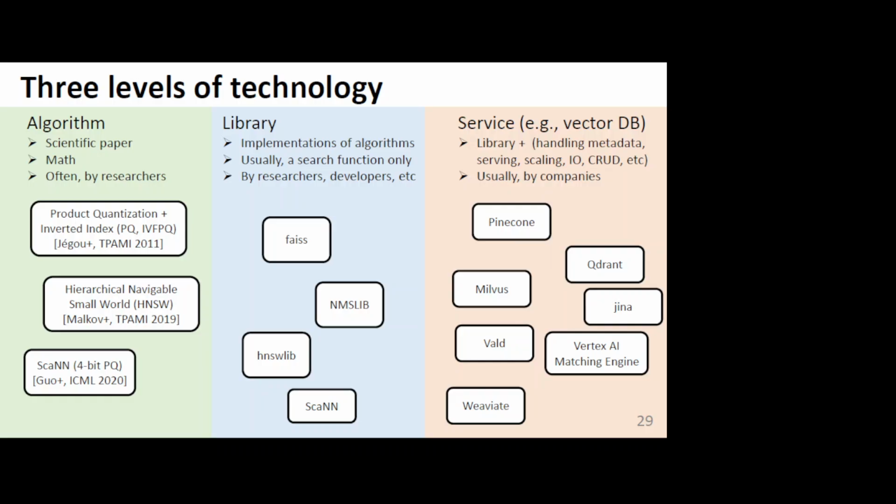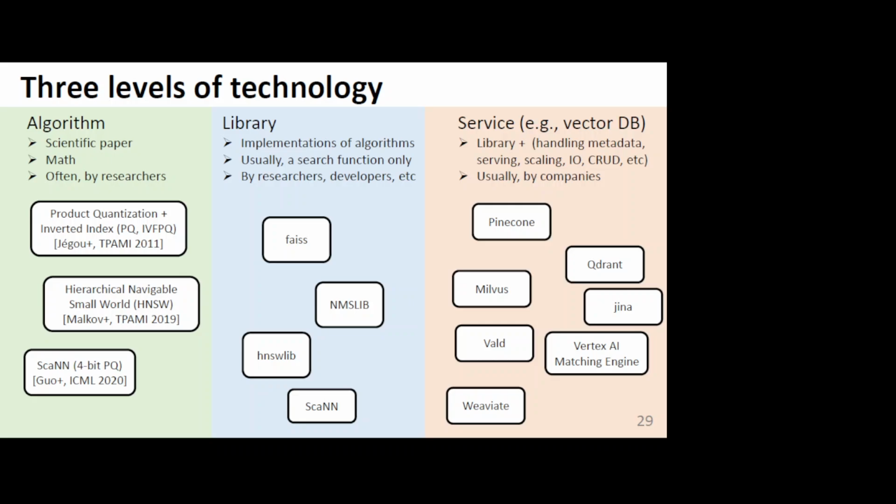There are some famous algorithms, including product quantization and IVF. I will address these in the next two weeks. And today we will talk about the ANNS stuff.